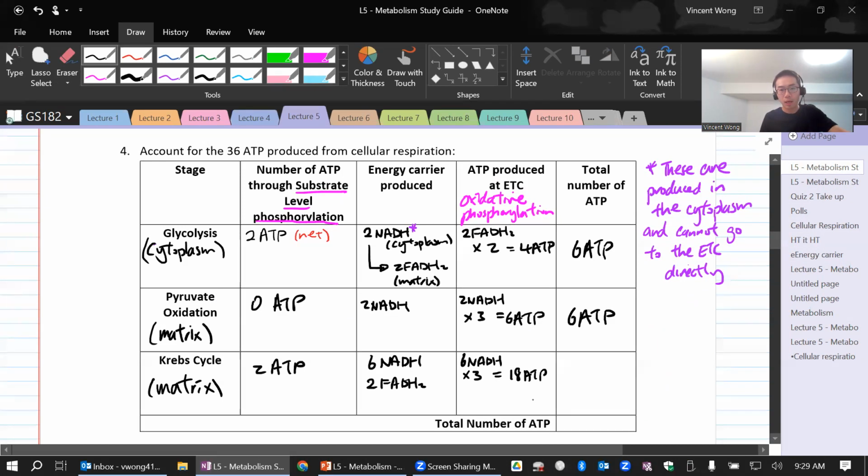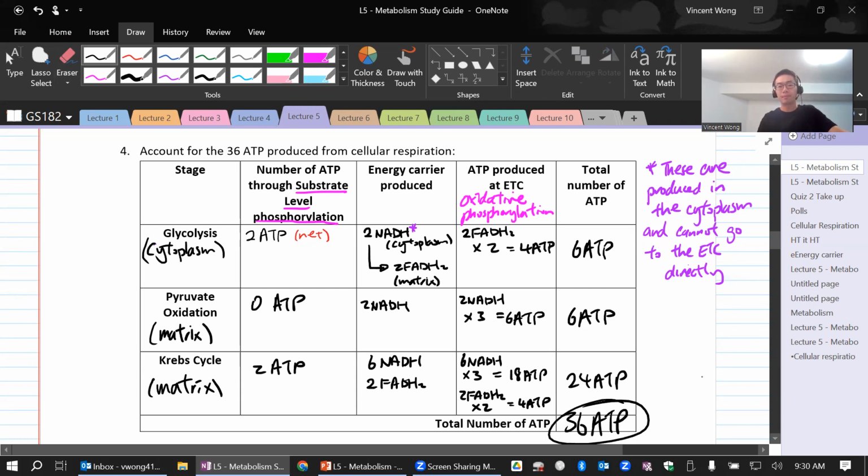That gives you 18 ATP, right? And 2 FADH2 times 2, that gives me 4 ATP, right? So 18 plus 4 plus 2 is 24, right? So 6 plus 6 plus 24, 36.